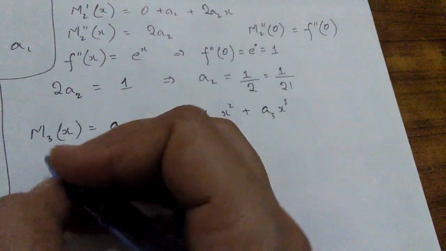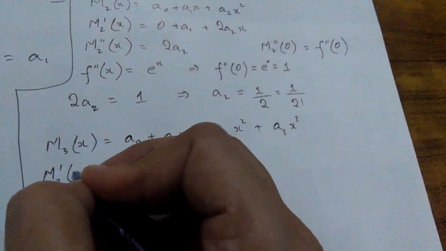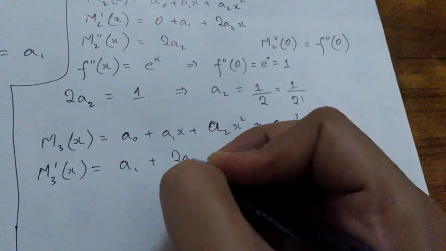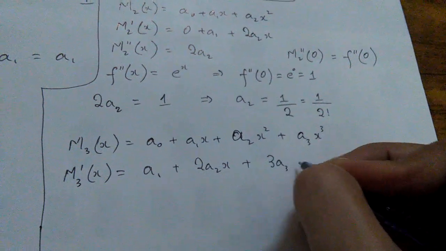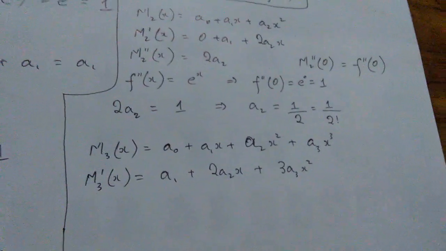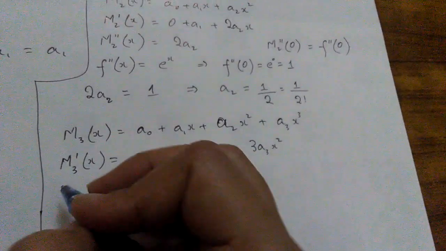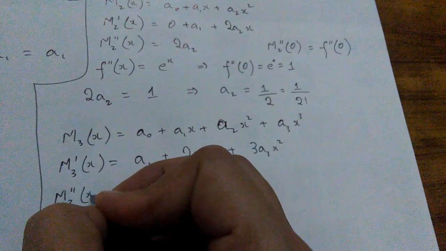So I will find out all of my three derivatives one by one, following the conventional formula of the derivative of x to the n. That's how I got it.